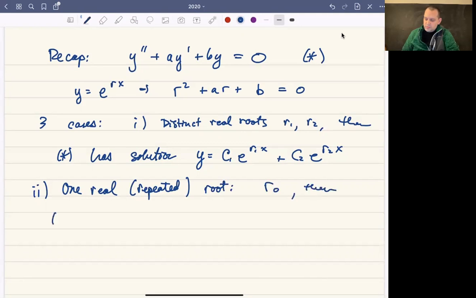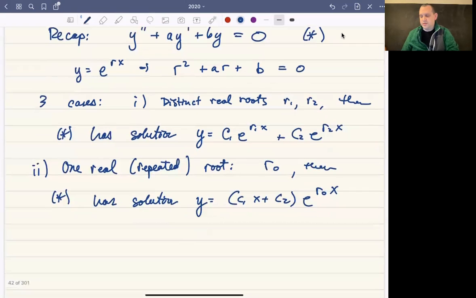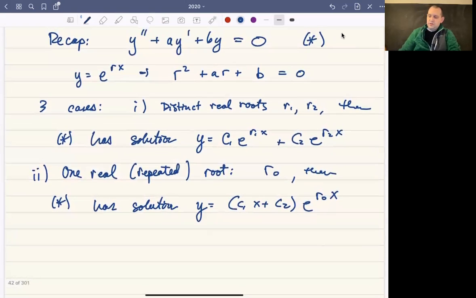Then the general solution to our differential equation star is going to be y equals (c1x plus c2) e to the r0x. Remember, you can't just use e to the r0x plus e to the r0x because those are the same function. In particular, they're not linearly independent. So you need two linearly independent solutions. I'm going to mention a little bit more about this at the end of this video. We'll come back and talk about this second case in just a second.